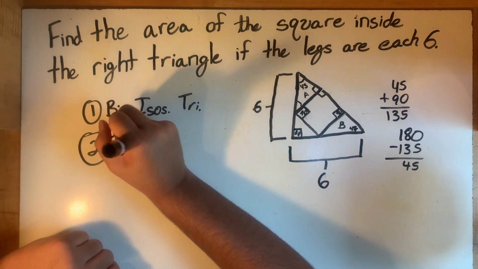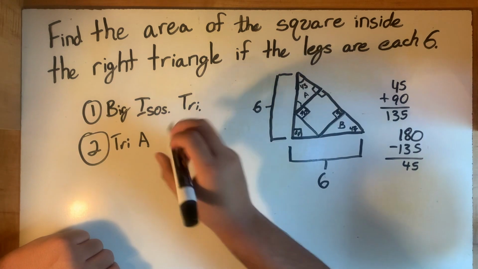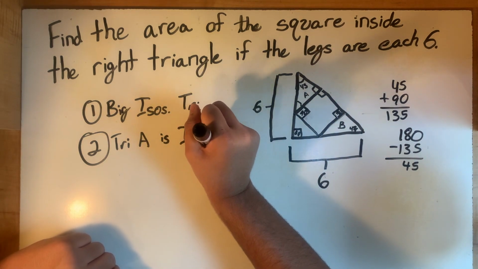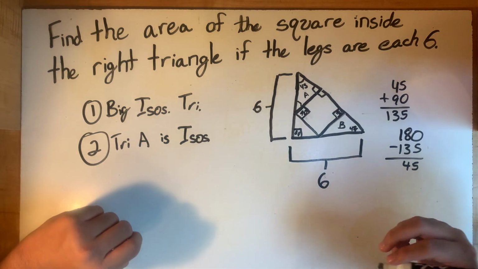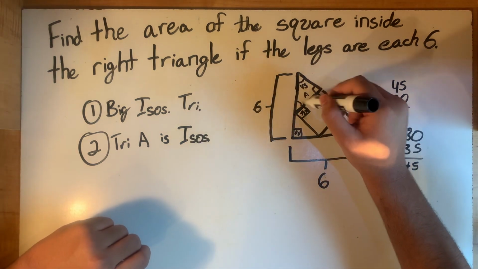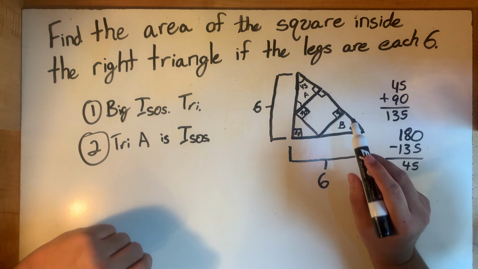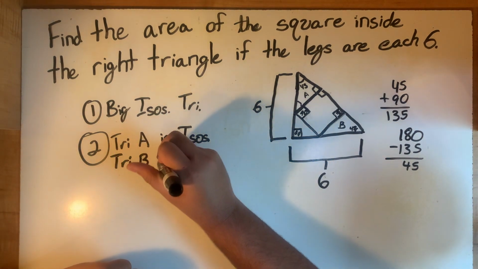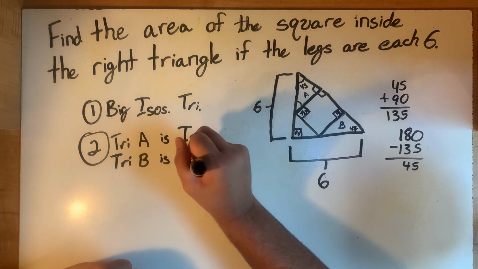Triangle A, which is this that I've labeled, is isosceles. And we can use the same concepts over here in triangle B, which makes triangle B isosceles as well.